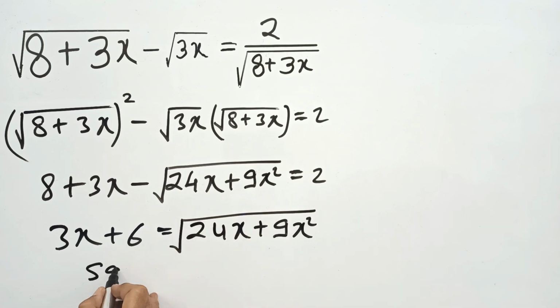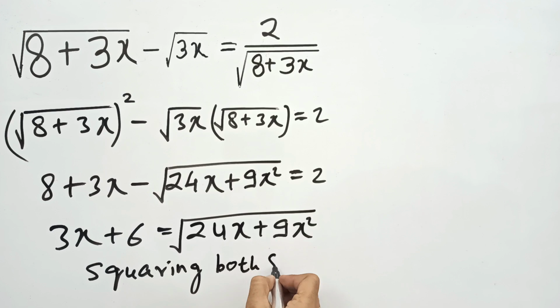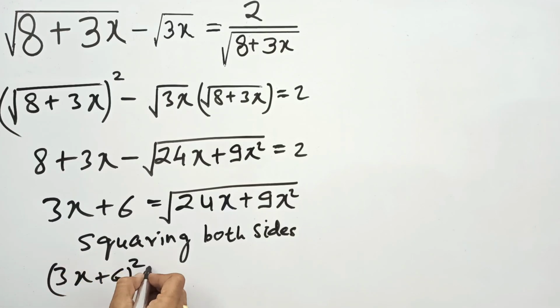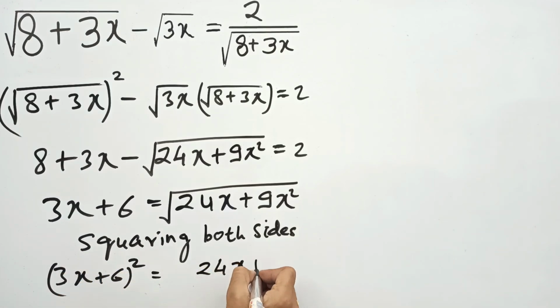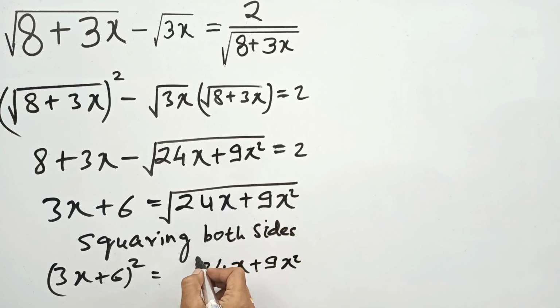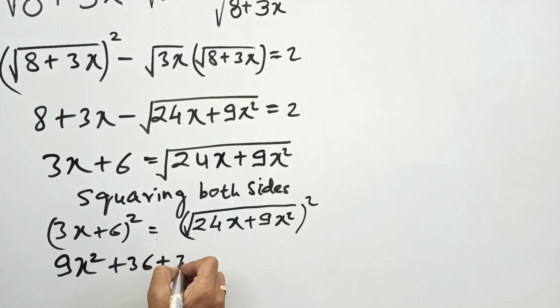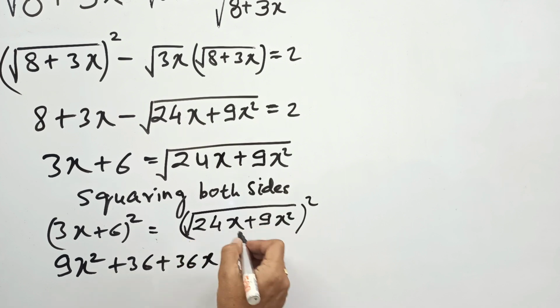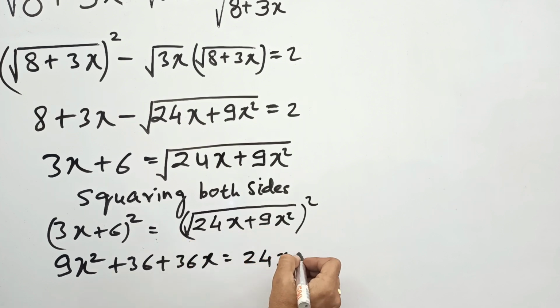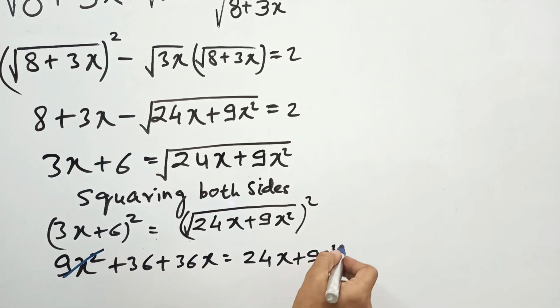Now squaring both sides. Using a plus b whole square, square root will be removed, 24x plus 9x square. 9x square will be cancelled.